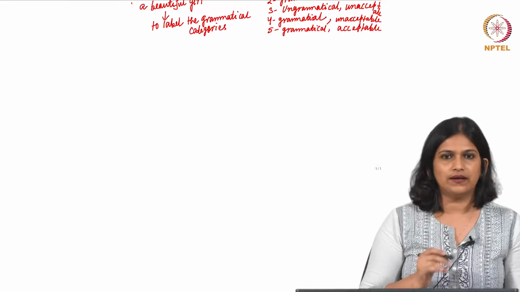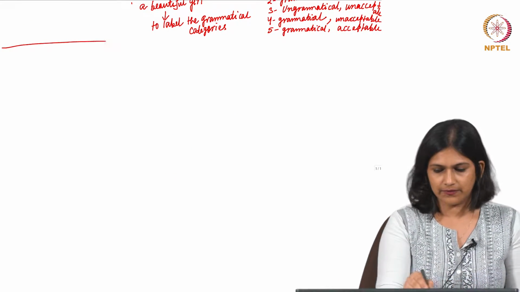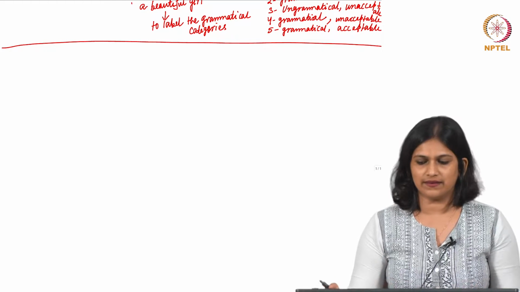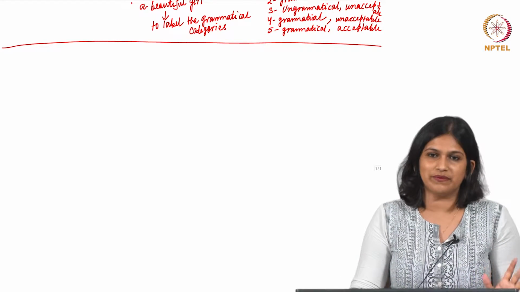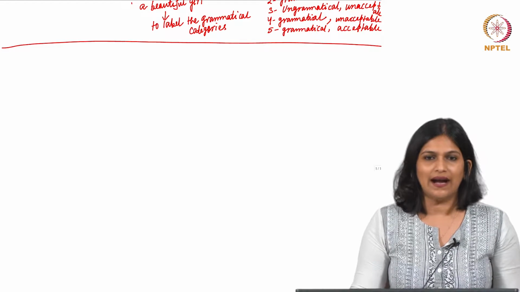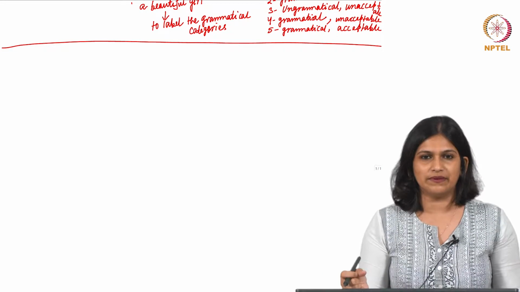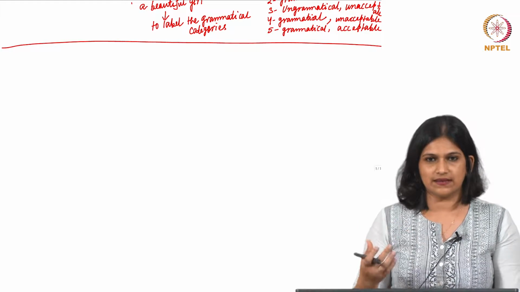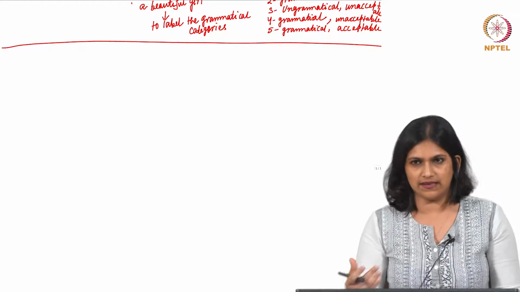Okay? Now let us understand, I am drawing a line here. So we did understand what is grammatical and grammaticality and acceptability, but before that let us try to figure out how the prescriptive grammar actually understands all these kinds of parts of speech that I just said.